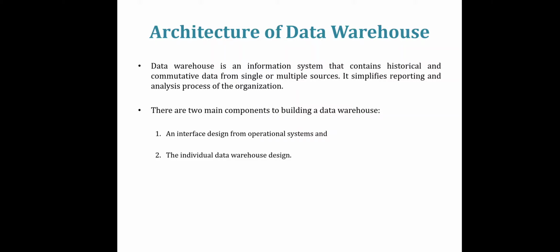The first component is an interface design from the operational systems. Whatever operational databases we have, we should have the interface design for them. And the second stage is the individual data warehouse design. Different data warehouses we can have, and their design is also important. So these are the two main components while building a data warehouse.